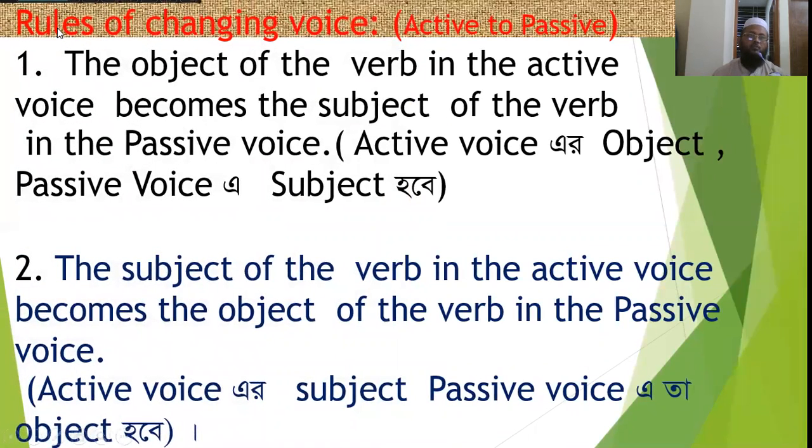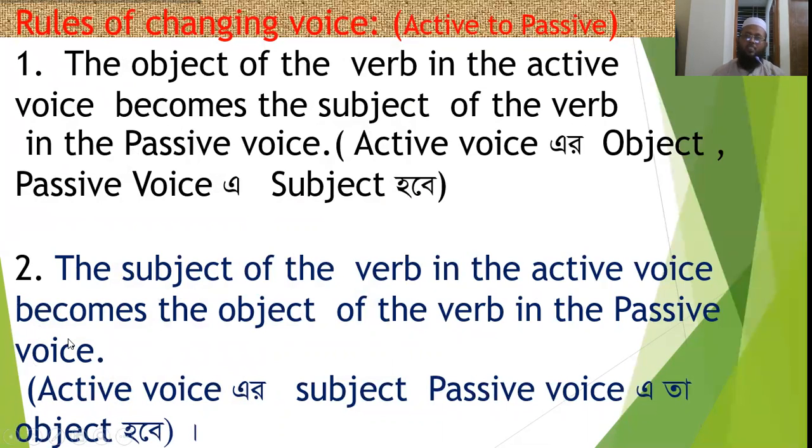Dear learners, rules of changing voice, active to passive, you must write. Number 1, the object of the verb in the active voice becomes the subject of the verb in the passive voice. Number 2, the subject of the verb in the active voice becomes the object of the verb in the passive voice.